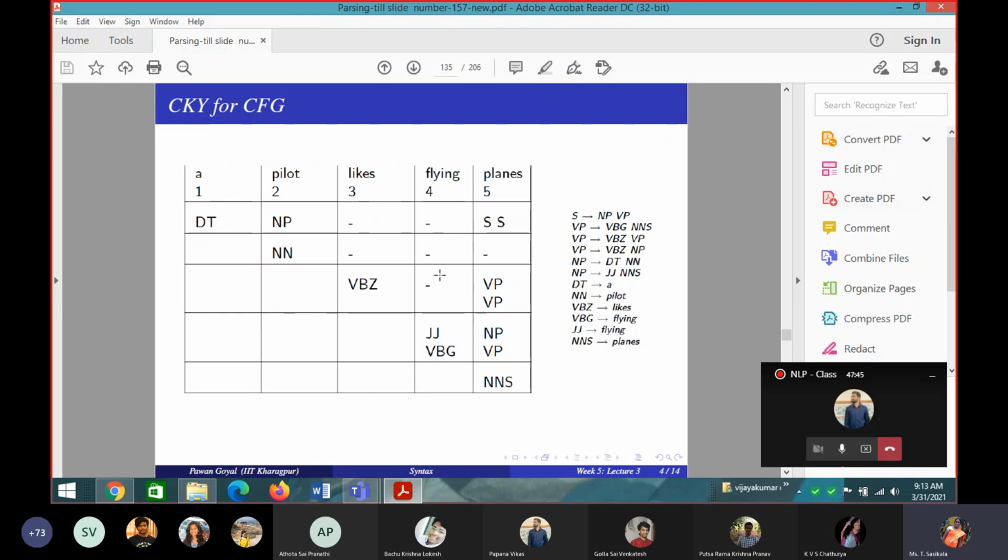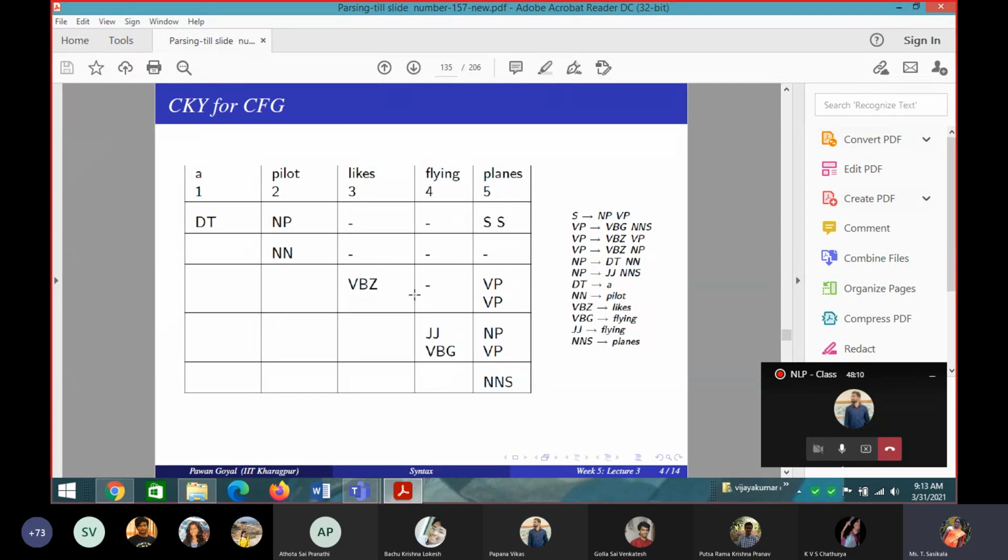So come here for flying, this box. Can you tell me how to consider here? VBZ followed by JJ or VBG. VBZ followed by JJ is one possibility. Another possibility is VBZ followed by VBG.